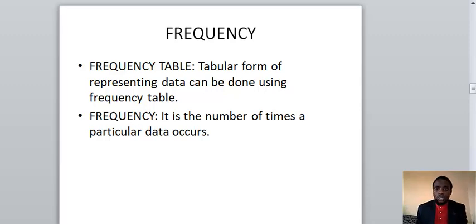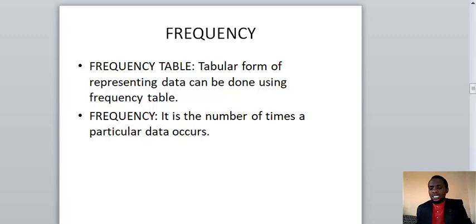We can draw a table and bring all the data within the table for easier usage. Then we have frequency itself. Frequency is the number of times a particular data occurs.